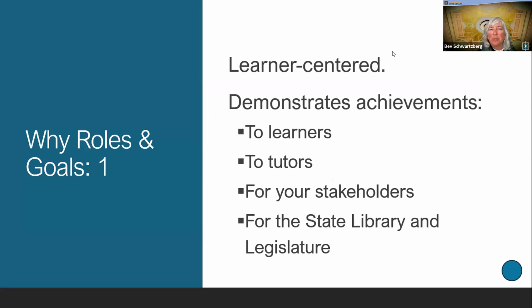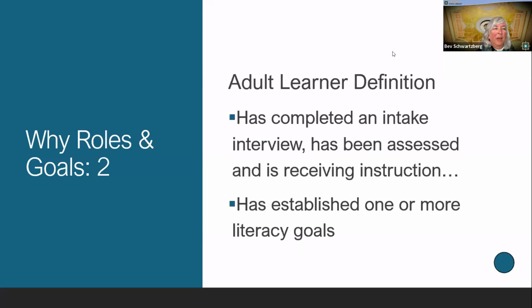Roles and goals can demonstrate achievements for learners, which is the primary audience, to say, look, you've made this progress, and offer an opportunity to reflect on that progress. It's also a way to document and demonstrate achievements to tutors so they can see that their learners are making progress. And it's a way to demonstrate achievements to your stakeholders and to the state library and the legislature.